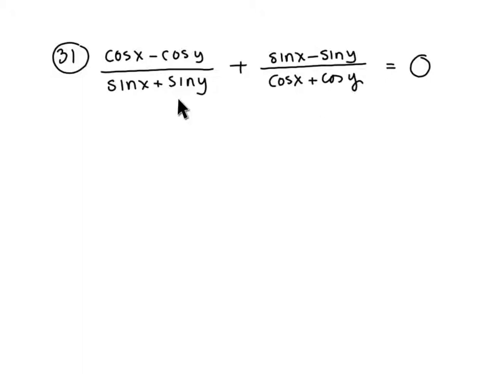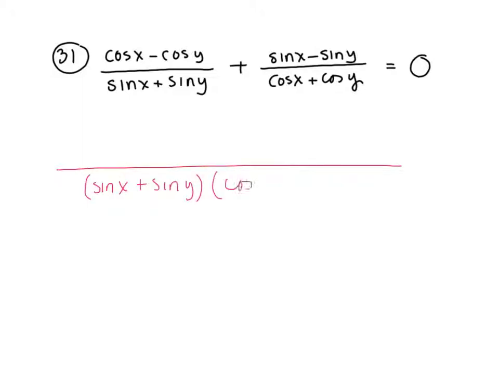The easiest way to find a common denominator is just to multiply the two denominators together. So that's what I'm going to do. The common denominator is going to be sine x plus sine y times cosine x plus cosine y.